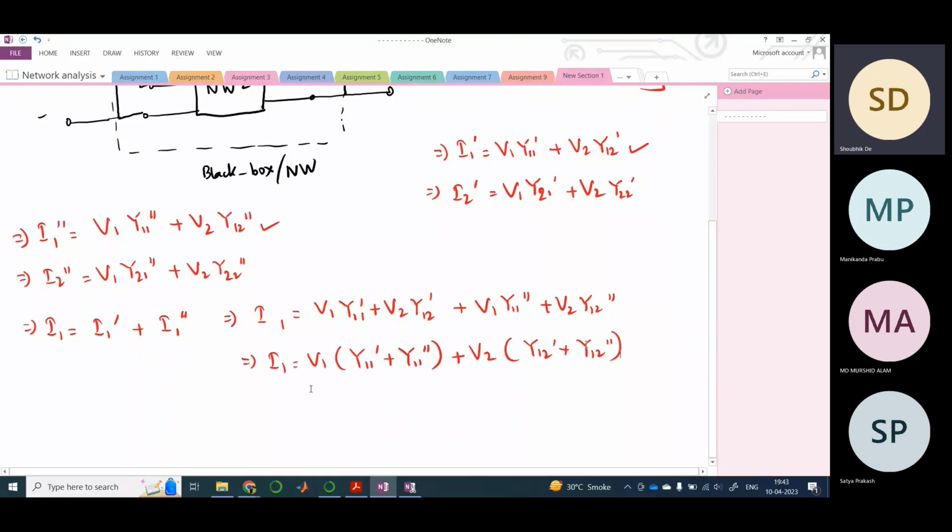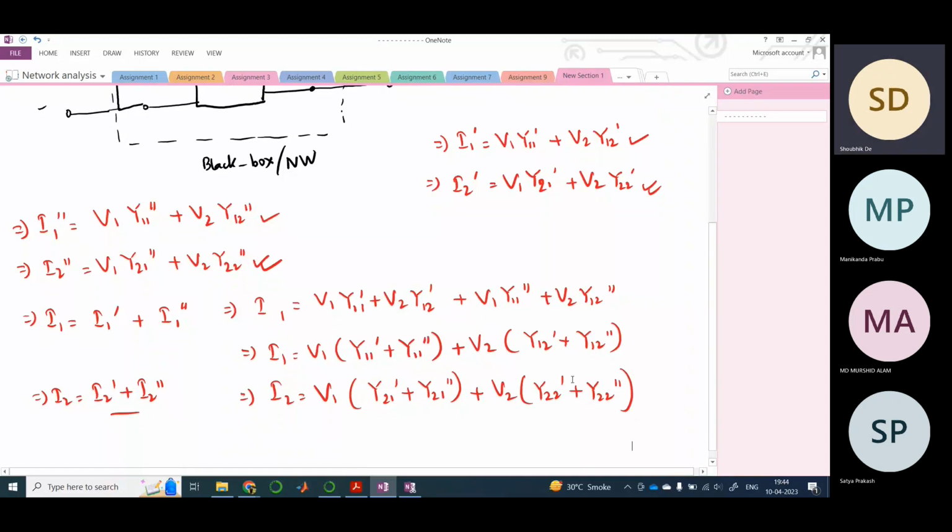In the same way, for the second equation, I2 equals I2 dash plus I2 double dash, right? So now if you substitute these two equations here, you will get something like this again. So V1 times y21 dash plus y21 double dash, plus V2 times y22 dash plus y22 double dash, right?